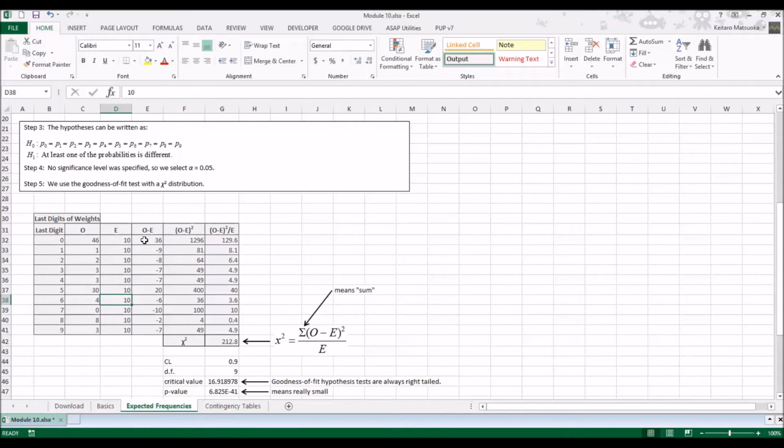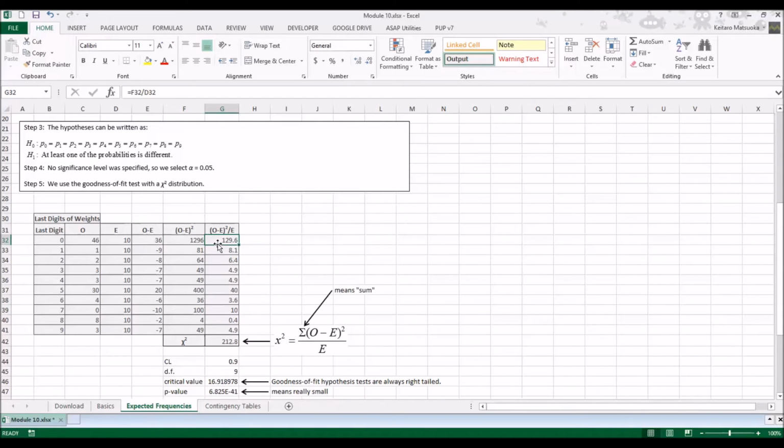O minus E is basically the difference between O and E. In this case, 46 minus 10 is 36. In the next column, you square that number we just calculated. So O minus E squared means 36 squared. In the last column, you divide that by E, the expected frequency.